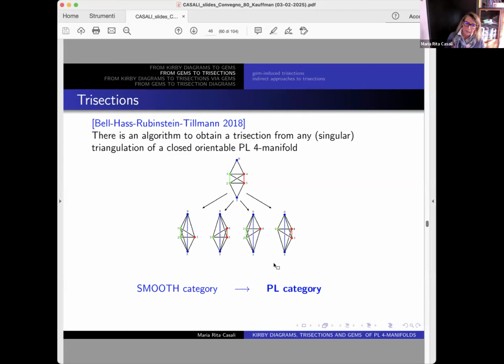Our approach to trisections moves from the intent to generalize both the idea of Bell, Haas, Rubinstein, and Tillman and the smart one by Spreer and Tillman, who were the first to establish a connection with gems by making use of a very special class of crystallizations.